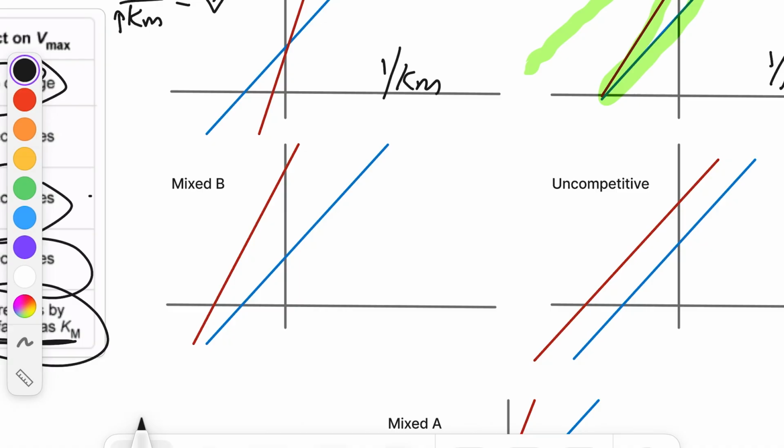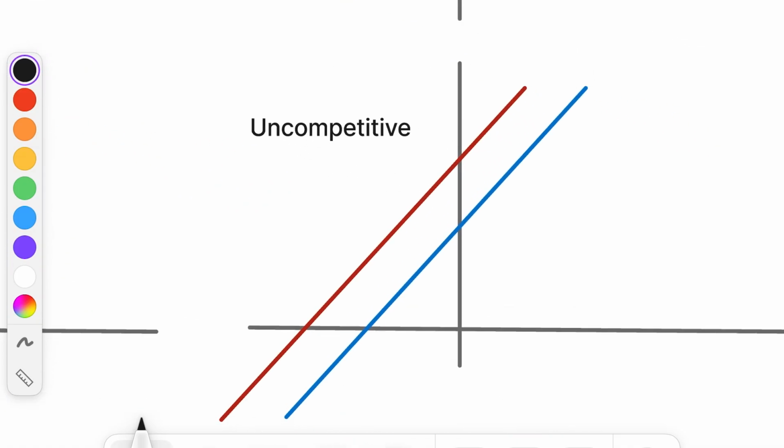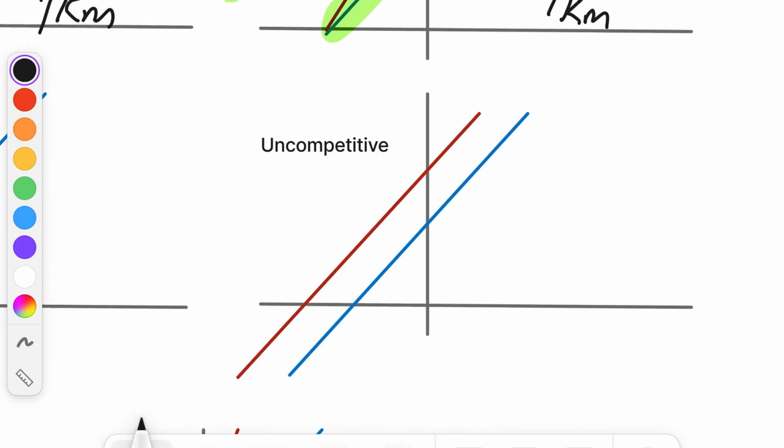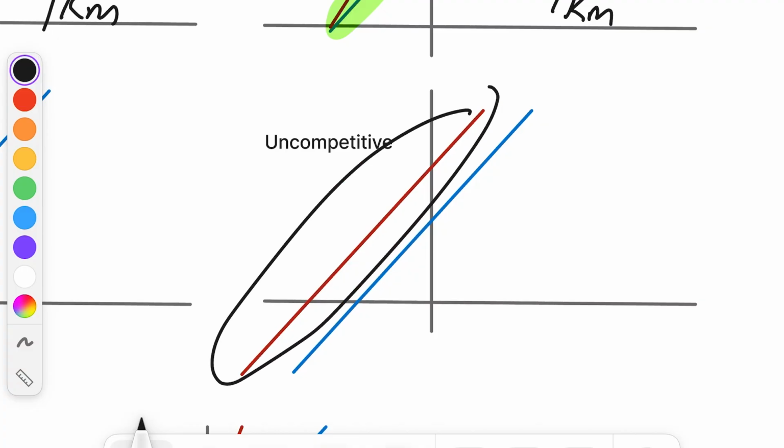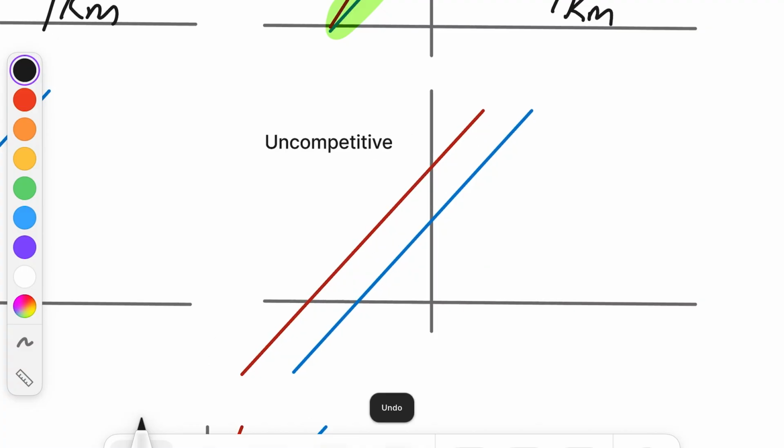But the difference is uncompetitive. Let's look at uncompetitive first. Uncompetitive, the slope is the same. Okay, so the inhibited and the non-inhibited will never touch. They'll never touch. They're parallel. So that's what they mean by it changes by the same amount as the Km. It changes by the same ratio.